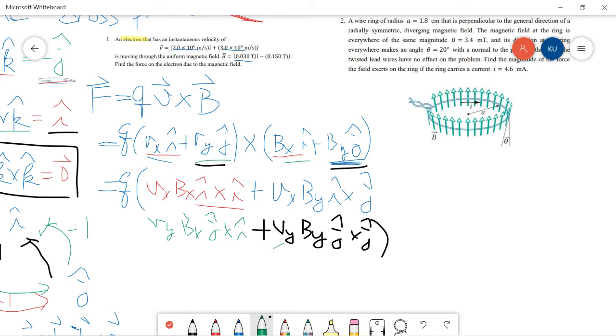So this one is a zero vector, and this one is a zero vector.